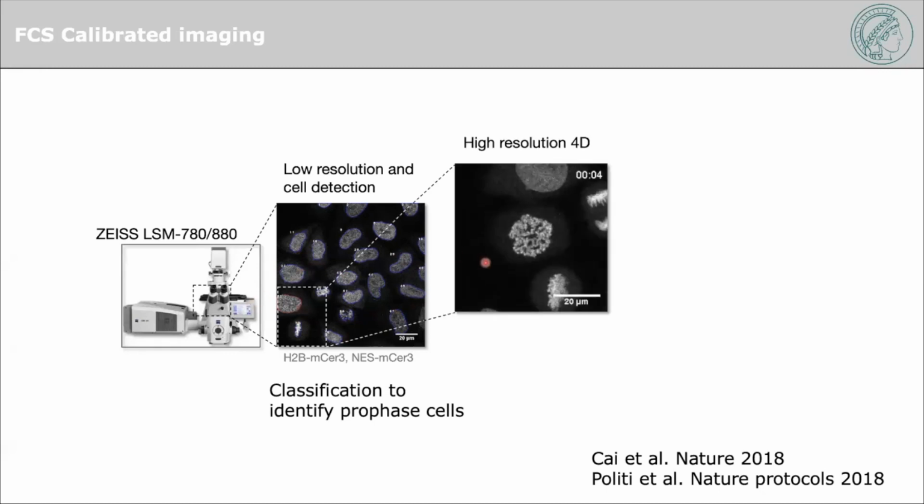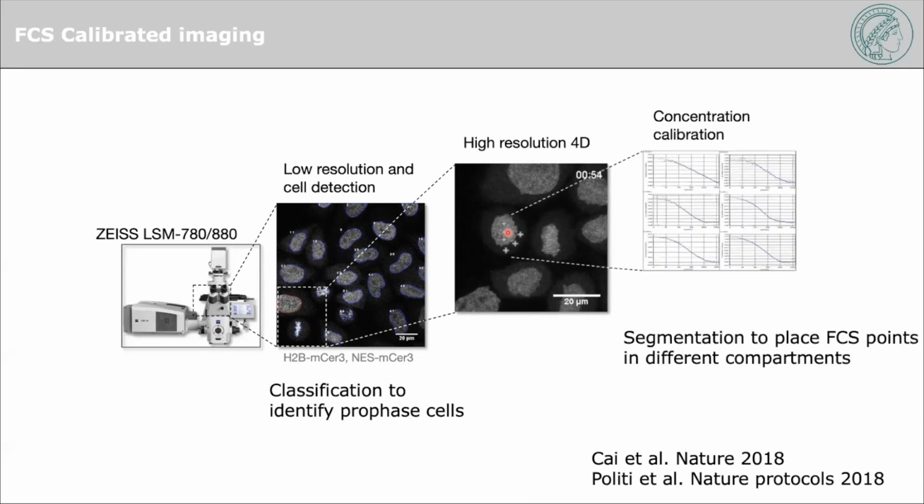These cells are then imaged at high resolution in 3D, so we have 4D images for these cells. And at the end of the measurements, we automatically acquire FCS measurements.